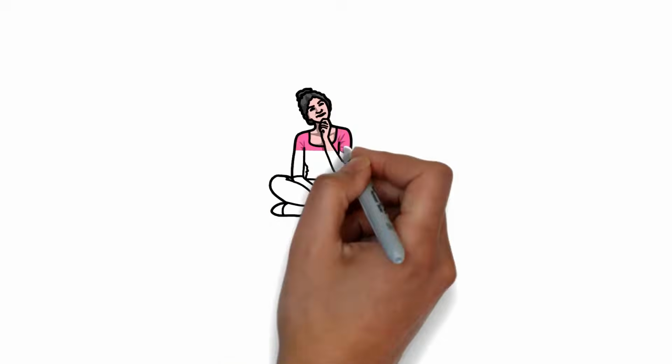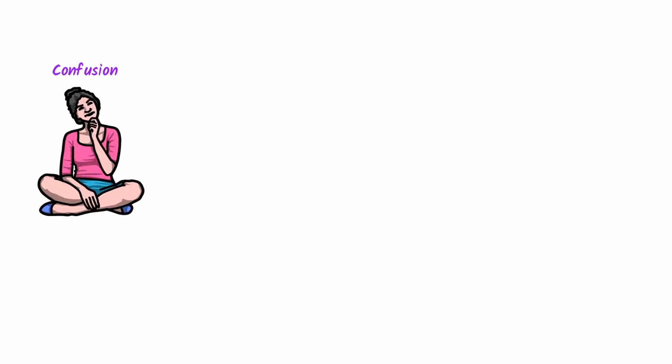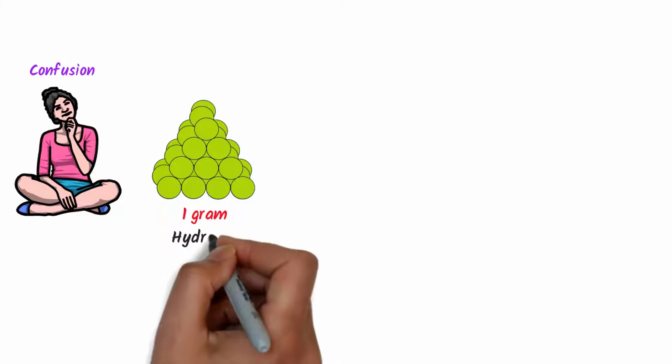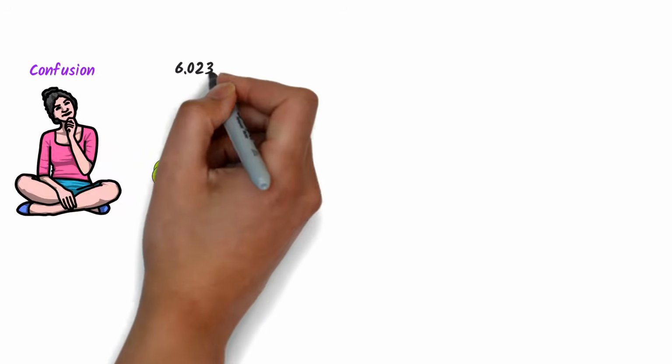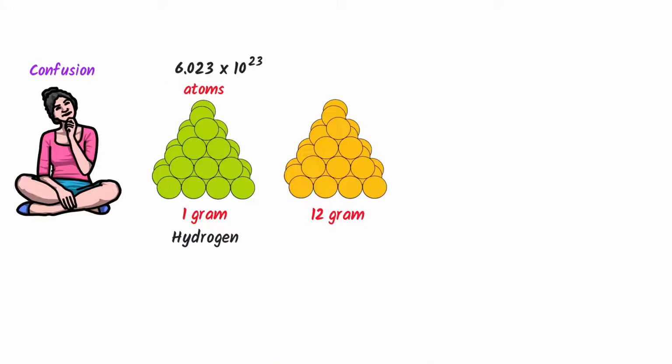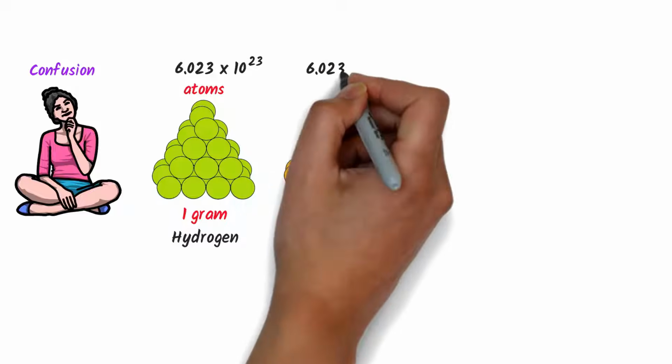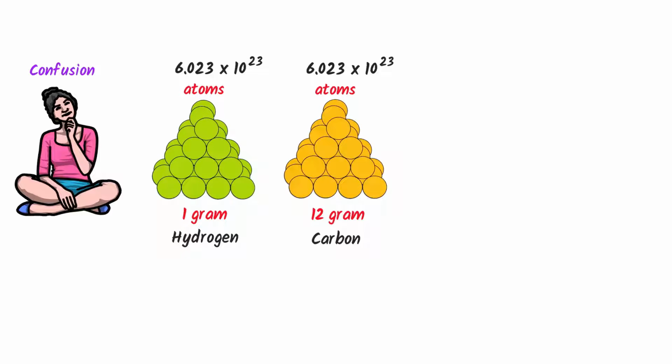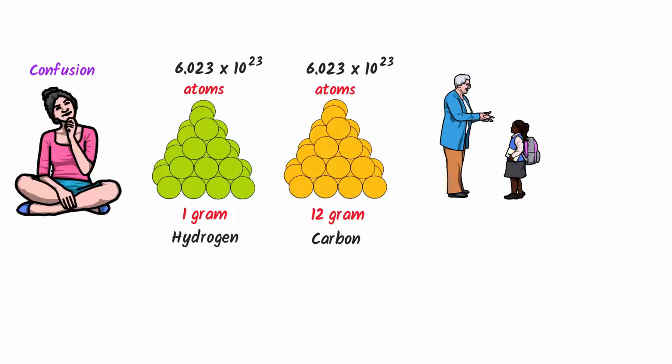Here, let me clear one of the biggest confusions of students. How does 1 gram of hydrogen contain 6.023 × 10^23 atoms of hydrogen, or how do 12 grams of carbon contain 6.023 × 10^23 atoms of carbon? Well, if I ask you, how much is 1 dozen?